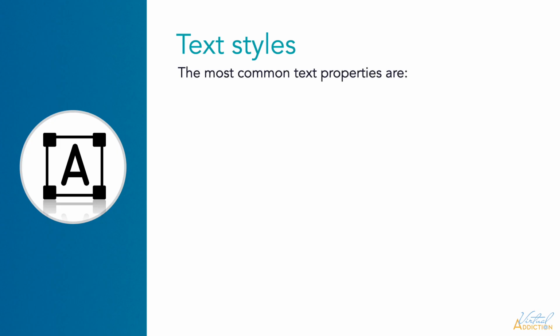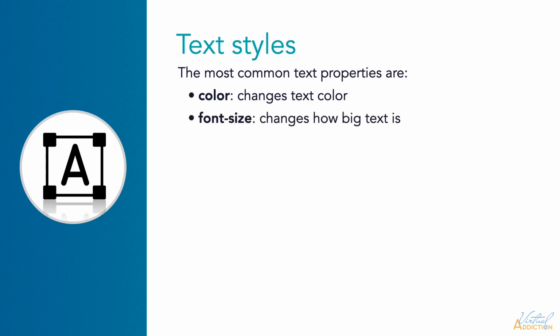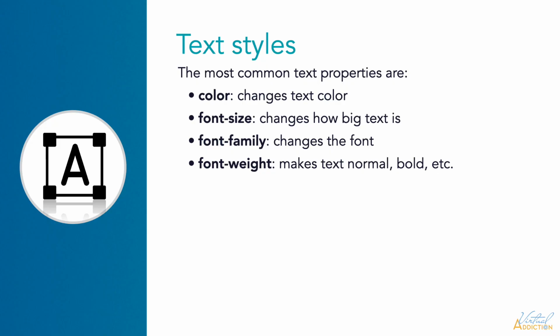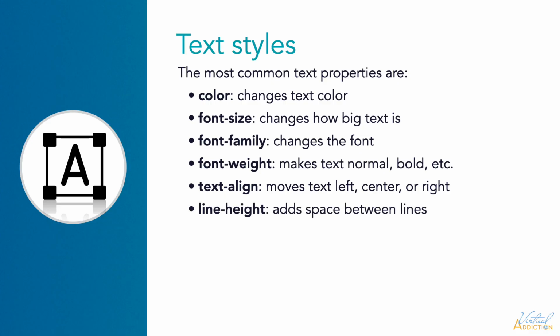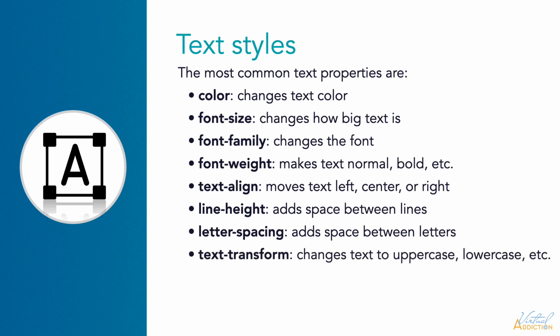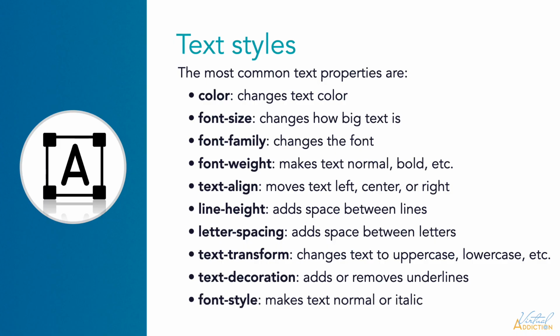The most common text properties are color, which changes the text color, font size, which controls how large or small the text is, font family, which changes the font or typeface, font weight, which makes text normal, bold, etc., text align, which moves text left, center, or right, line height, which adds spacing between lines, letter spacing, which adds space between letters, text transform, which changes text to uppercase or lowercase, text decoration, which adds or removes underlines, and font style, which makes text appear as italic or normal.